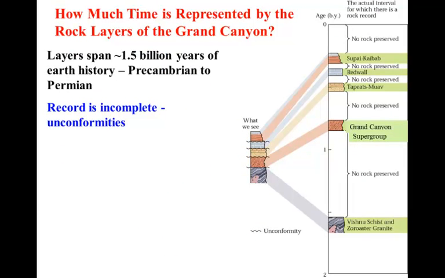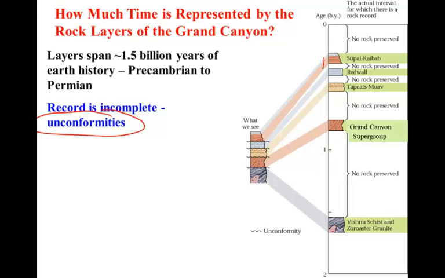In reading this history, told by the layers exposed by erosion of the Grand Canyon, we also have to watch for time periods when rock was not formed. Periods when time was not recorded because no rock was being made. Those are the unconformities. And the Grand Canyon sequence of layers contains examples of all different types of unconformities.